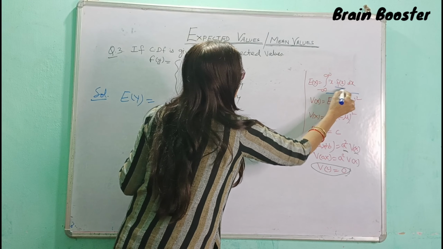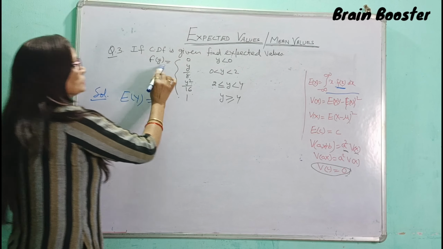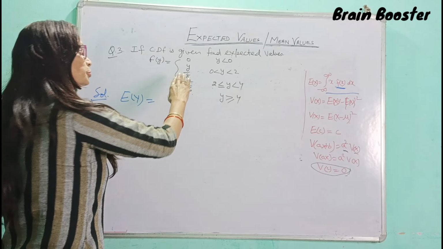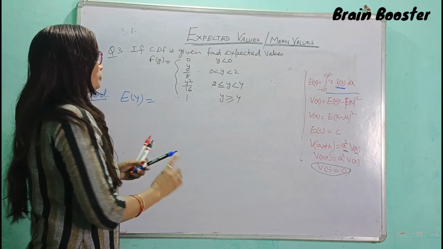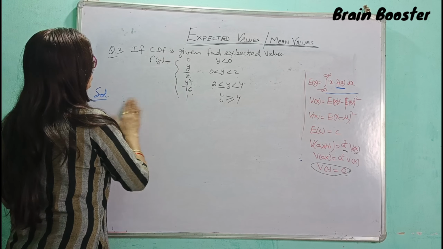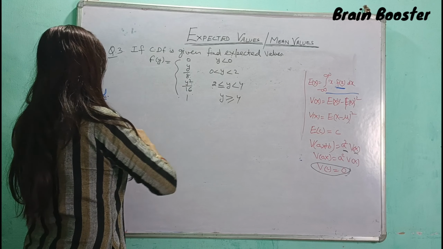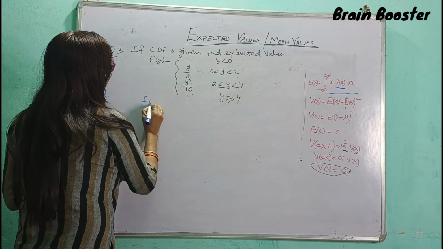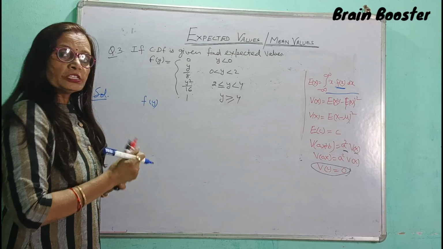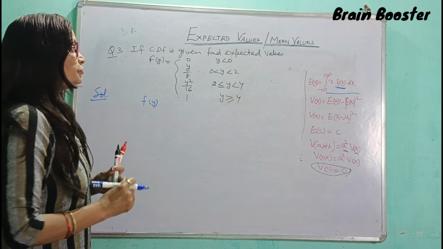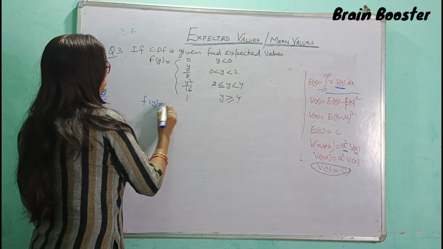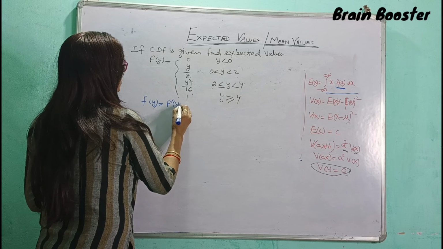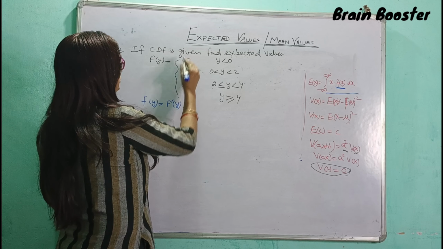This one is the PDF and here it is the CDF. So first of all you have to change the CDF into PDF. This is capital F(y) and small f(y). If we change from CDF to PDF, we differentiate the CDF. Okay. Then differentiate this.